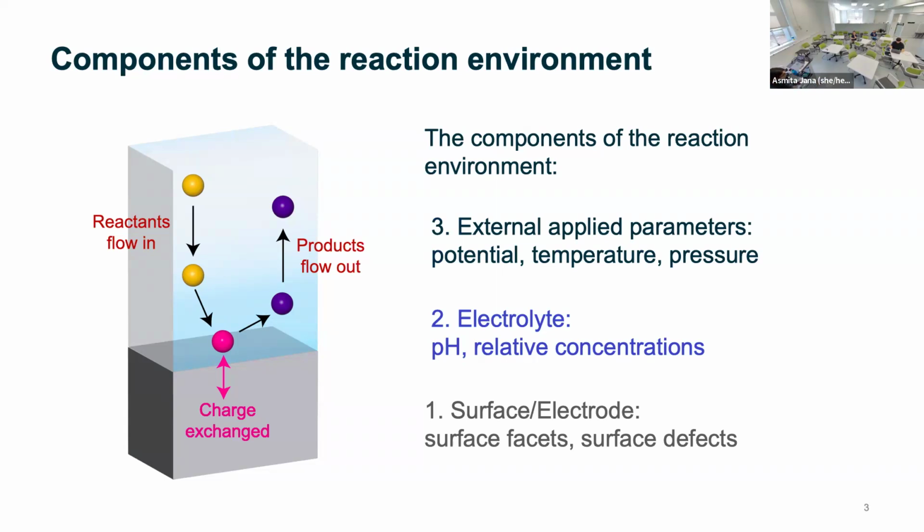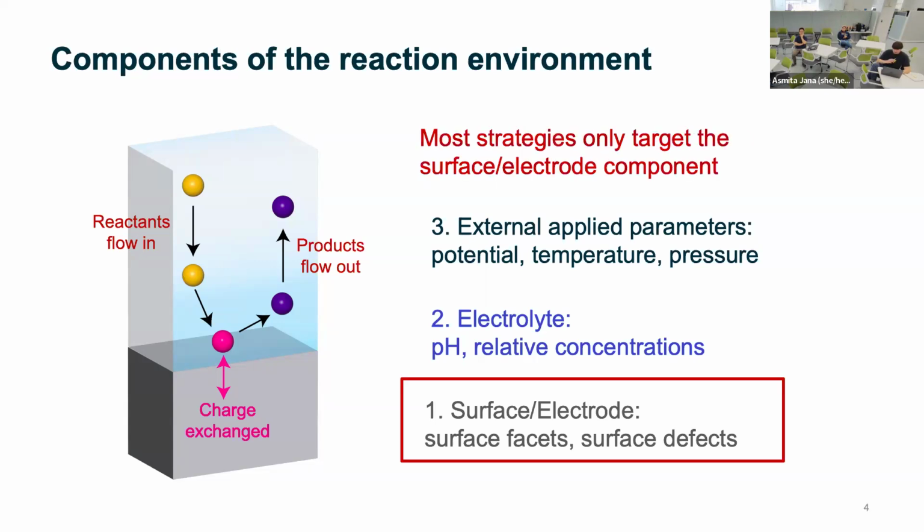So obviously, as researchers, we want our system to produce a really high reaction rate, a high yield, and we want high selectivity of the product that we desire, and we don't want side reactions. So these are outputs that we desire, and the way to go about it, most likely, is going to be trying to change one of the components of the system.